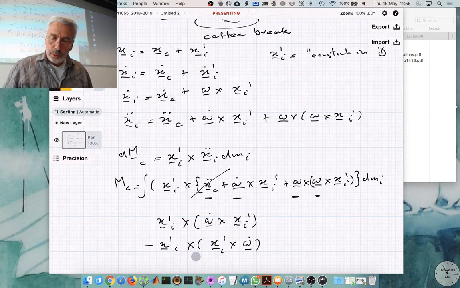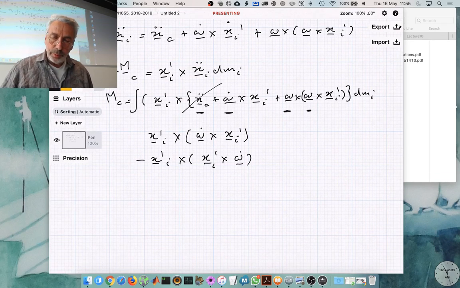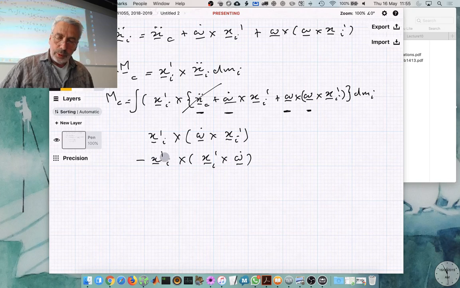Now taking twice the cross product means, well, what does it mean? That is a complex thing. You have to write it out. And if you write it out, you will come to the conclusion that these are terms with the x, y, and z, and this is with the omega, and the outcome is a 3 by 3 thing.